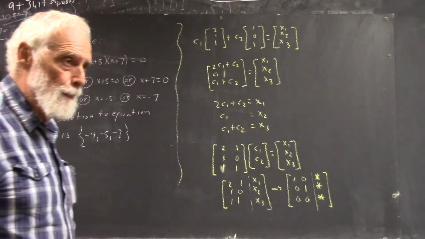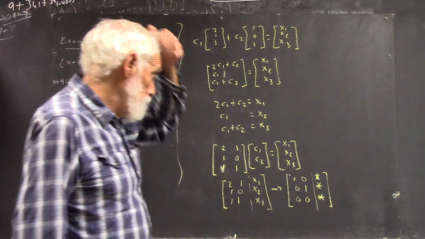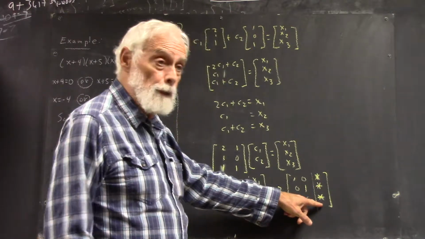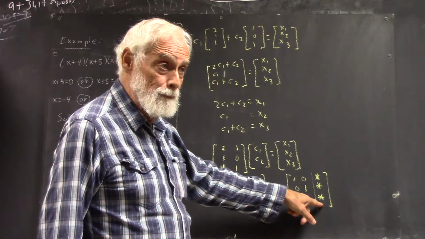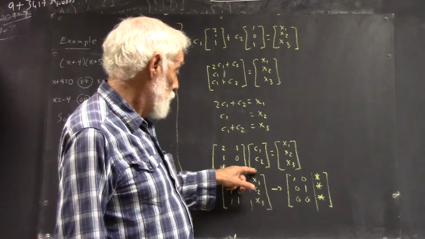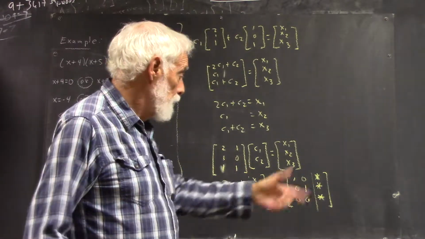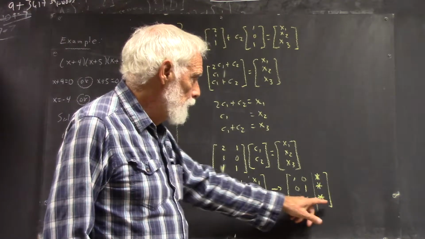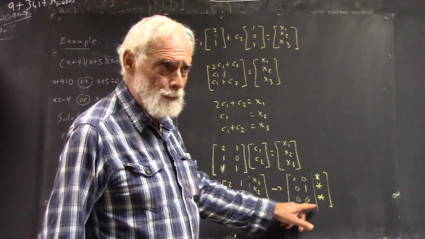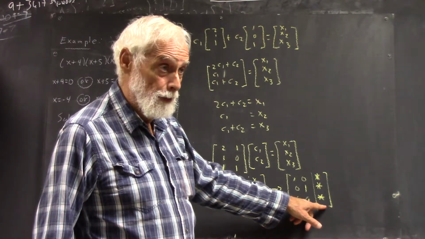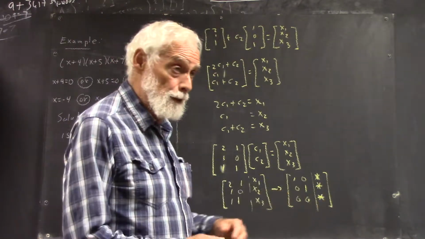Okay? In general, you could get any 3 numbers here you wanted, depending on what X1, X2, and X3 are. You could make it equal anything, and you're going to have 0 equals something that isn't 0.